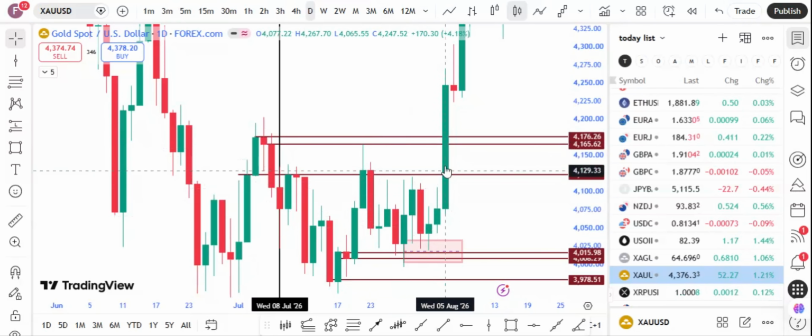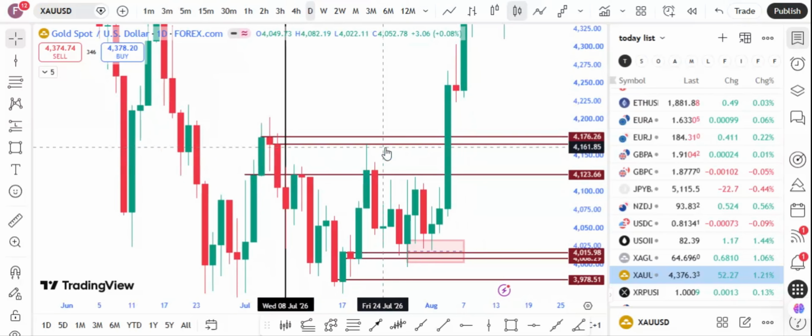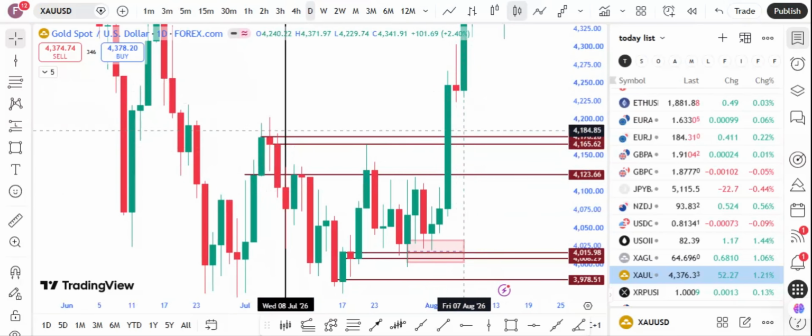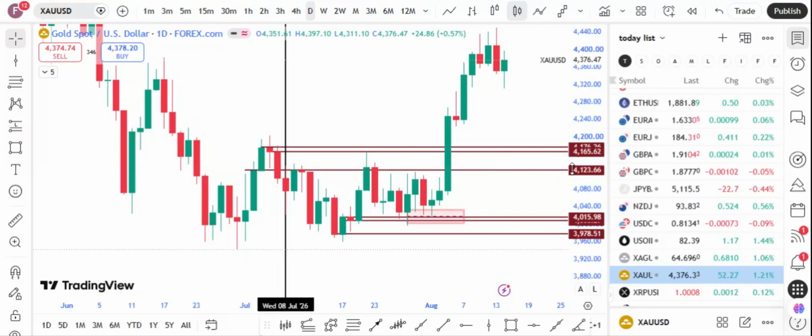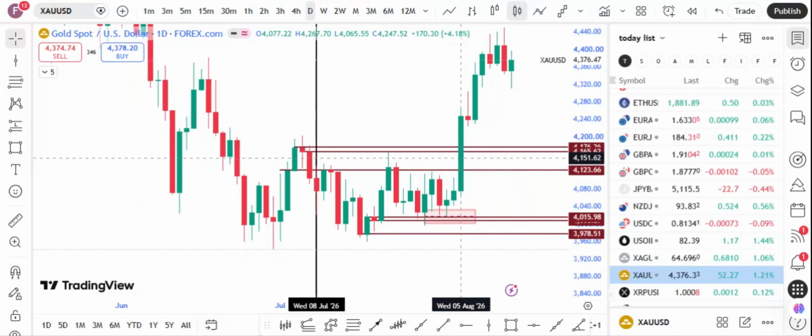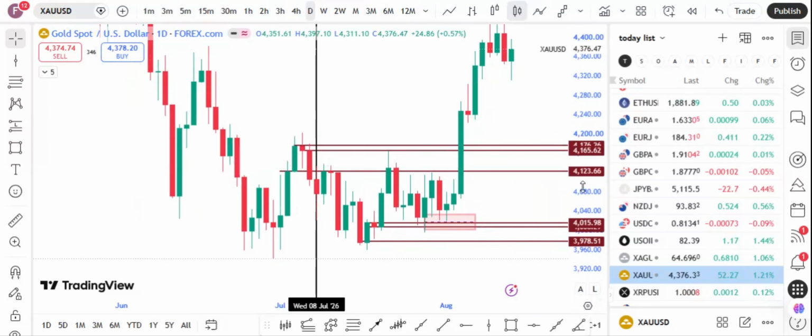So the next time it went there, it broke out. If price has tested a level or a zone severally, it becomes weak. One, two, it's no longer that strong. It's a weak zone, so it broke out and then continued buying. You understand? Those are the reasons why it's going to break out.